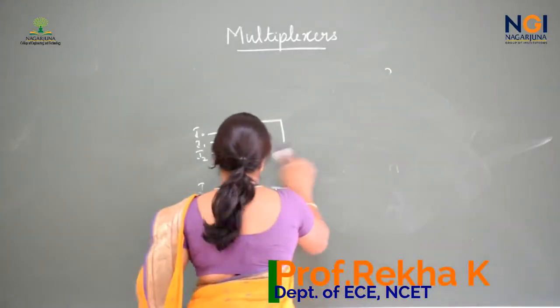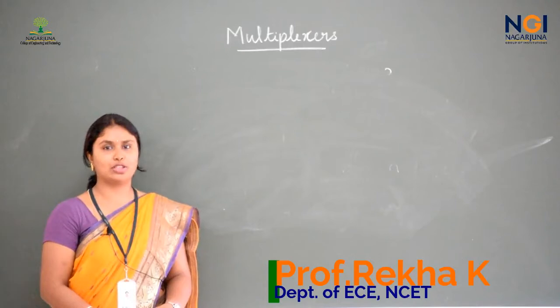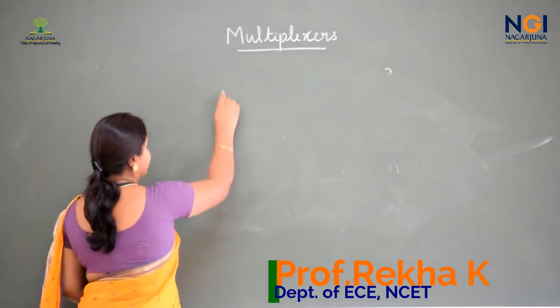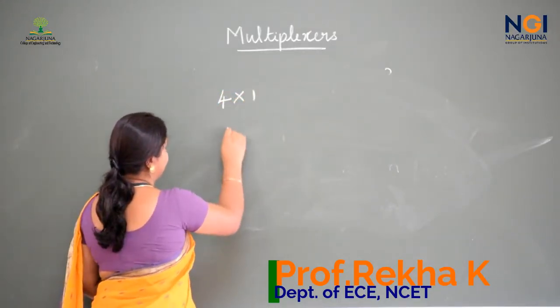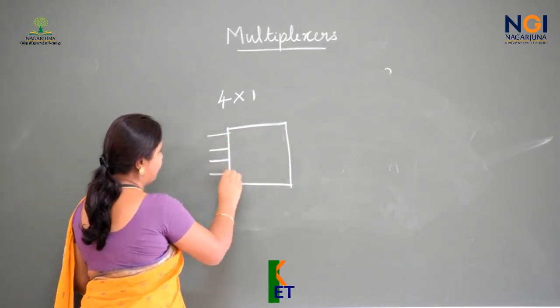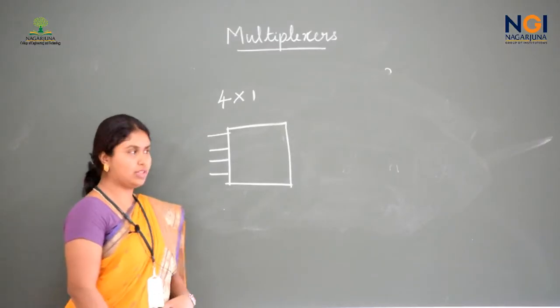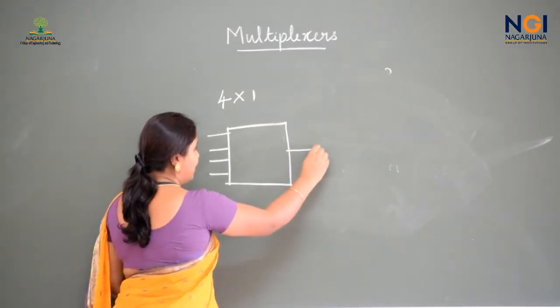Let us take an example of a 4x1 multiplexer. In a 4x1 multiplexer, you have 4 inputs and 1 output.